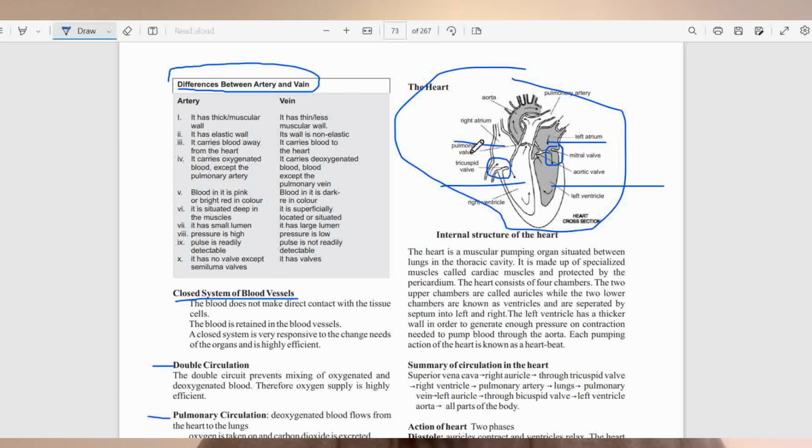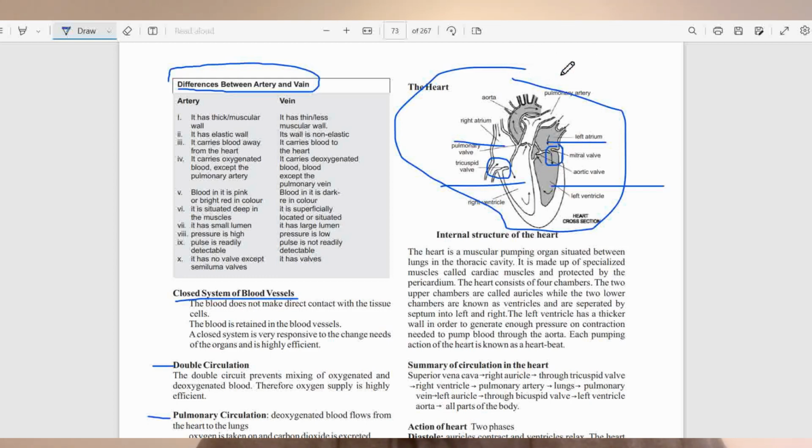So basically what happens here is that for a complete circulation, blood moves into the right auricle, and then it goes to the right ventricle before going through the pulmonary artery to the lung in what you call the pulmonary circulation, remember?